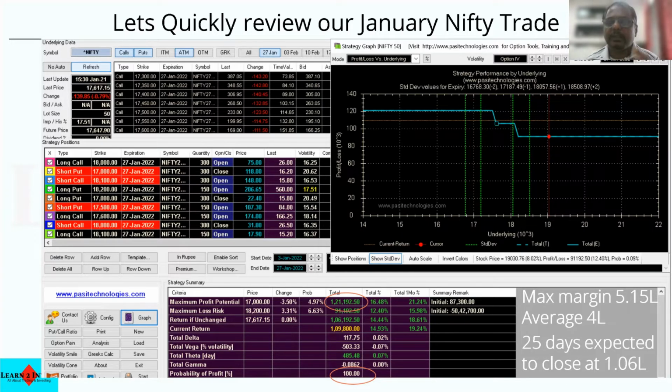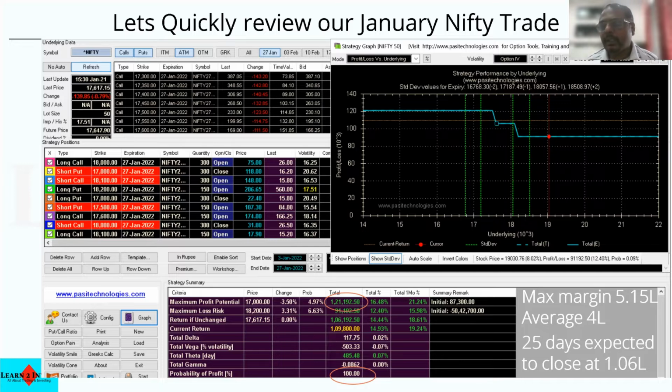So let's talk about the trade quickly. This is the final situation as of today. If the market is above 18,100, it is going to be making around 91,000 plus profit. Okay, and this is traded with Nifty 4 lots. I have also talked about margins, and I will talk about margins a little later.